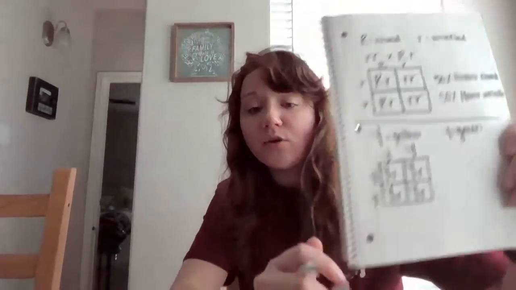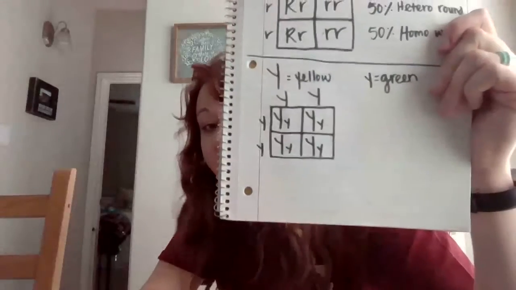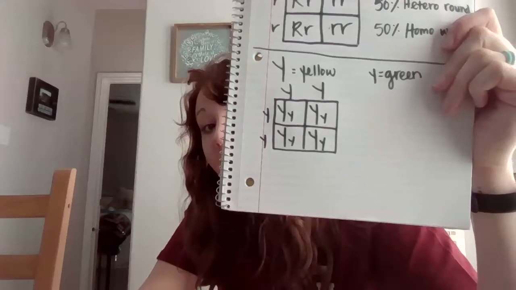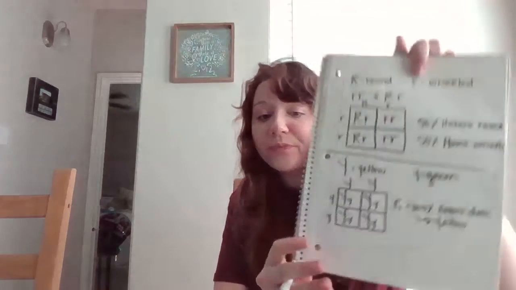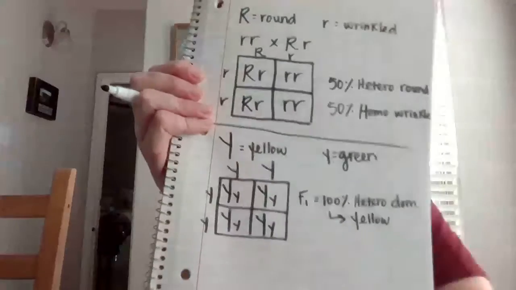So the F1 generation is going to be completely heterozygous dominant for the trait. So F1 is 100% heterozygous dominant, which means they are all going to be yellow.